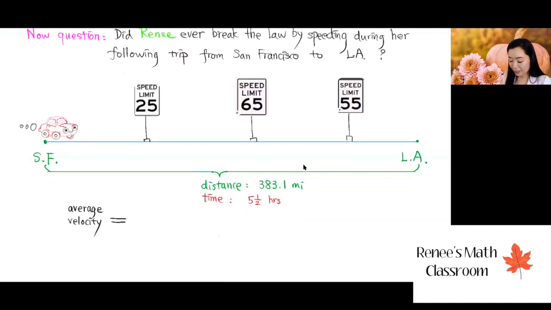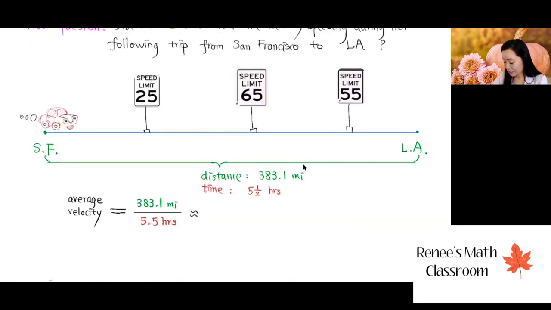The distance is 383.1 miles, divided by the time passed, 5.5 hours. Get your calculator. Tell me what you get. That's about 70 miles per hour.